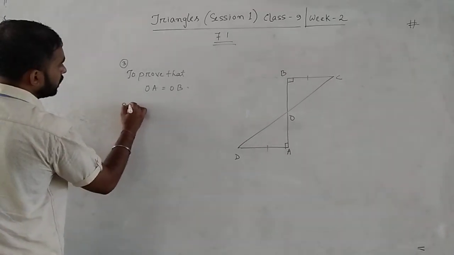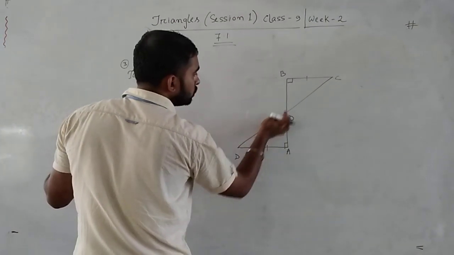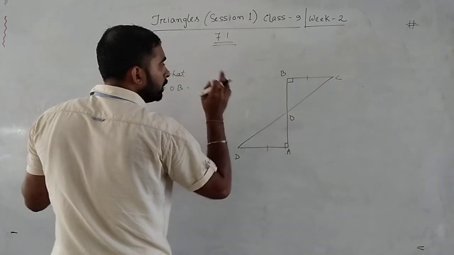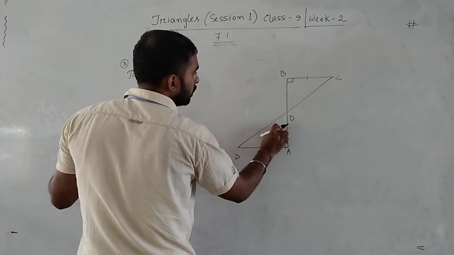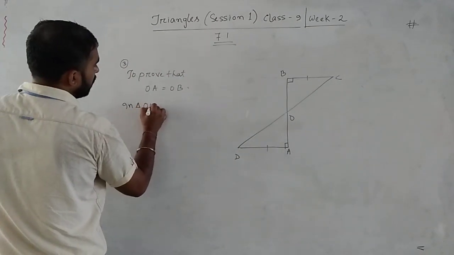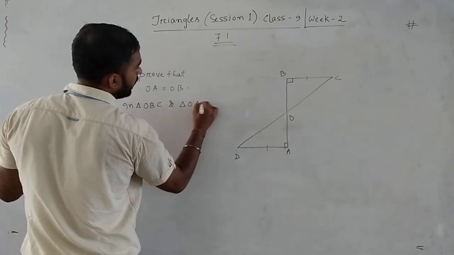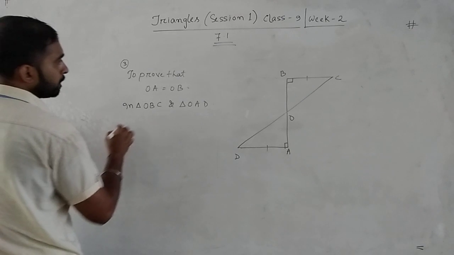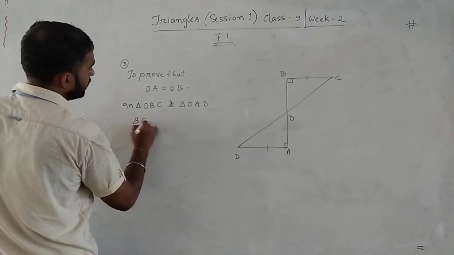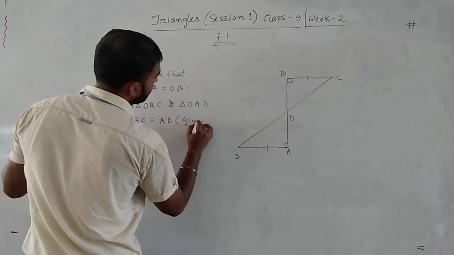Now first of all we have to consider these two triangles. If anyhow we can show that these two triangles are congruent, triangle OBC and triangle OAD, then we can say OB equal to OA. So in triangle OBC and triangle OAD, first BC equal AD, which is given.